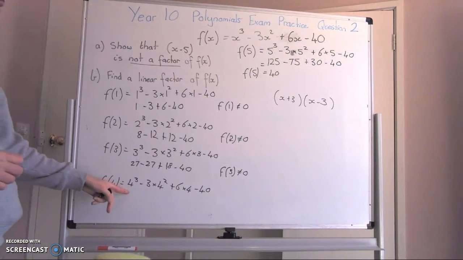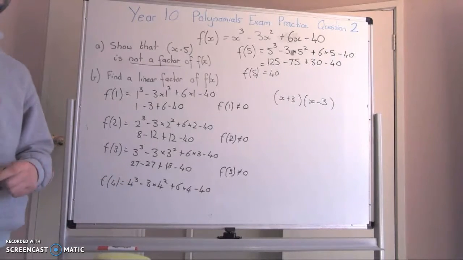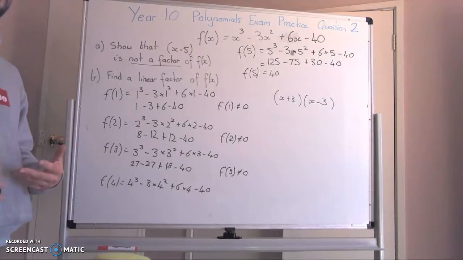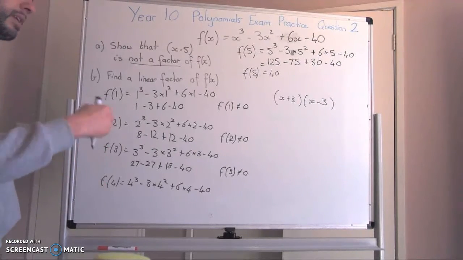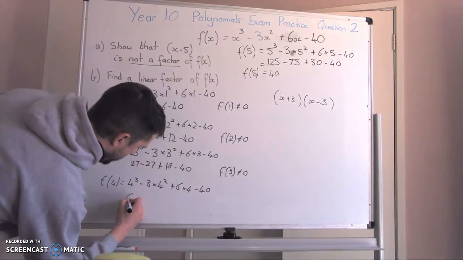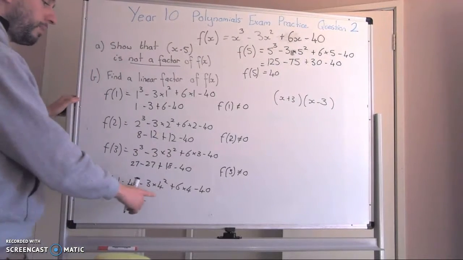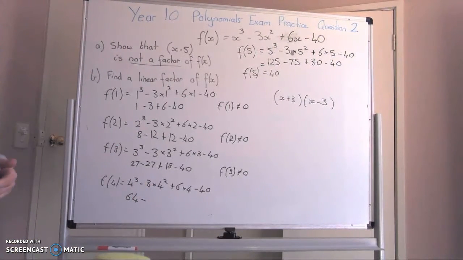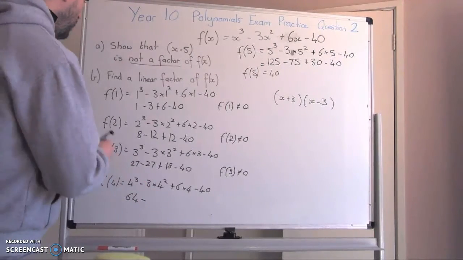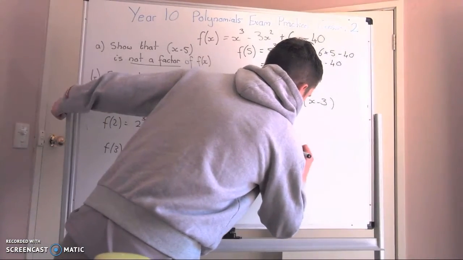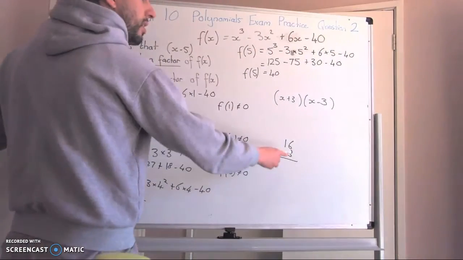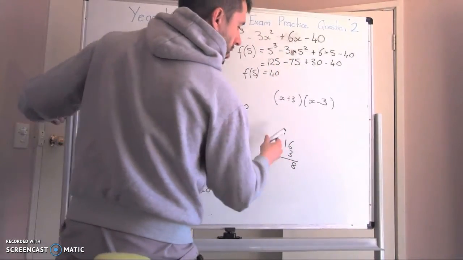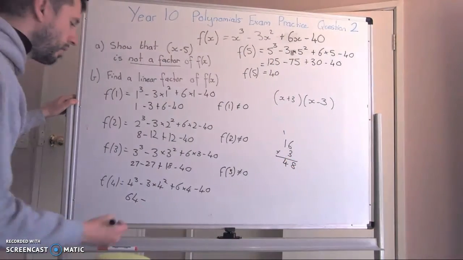So the next thing I want to do is just solve this. 4 to the power of 3 is 4 times 4 is 16, and 16 times 4 is just double. 16, 32, 64. 4 squared is 16. 16 times 3. Again, if we need to do it on the side, that's absolutely fine. 3 times 6 is 18. 3 times 1 is 3, plus 1 is 4. So we've got 48.